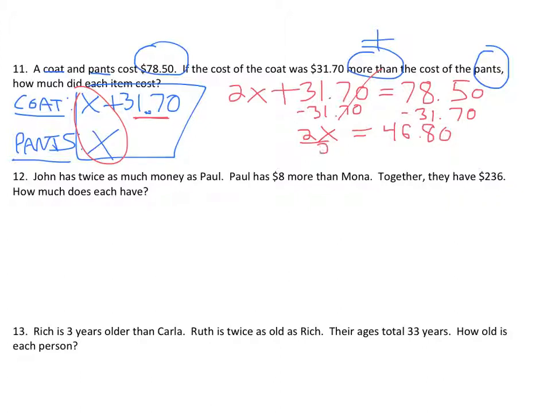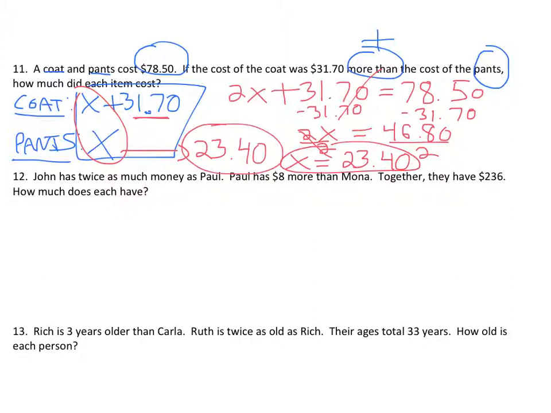Then divide by 2. When you divide that by 2, you're going to get that x to equal $23.40. Now you're not done. Then you're asking yourself, all right, what's $23.40? Is it the coat or is it the pants? Well, if you go back to the setup, the pants is $23.40.